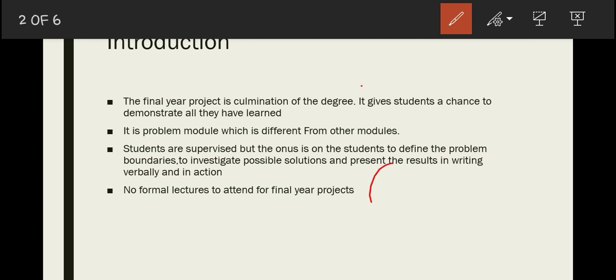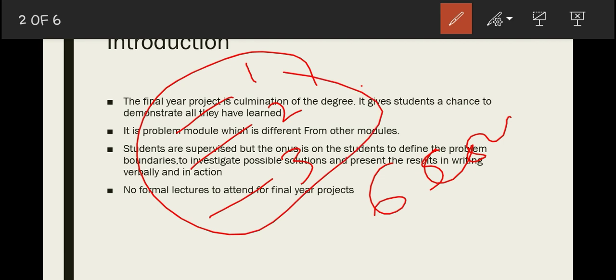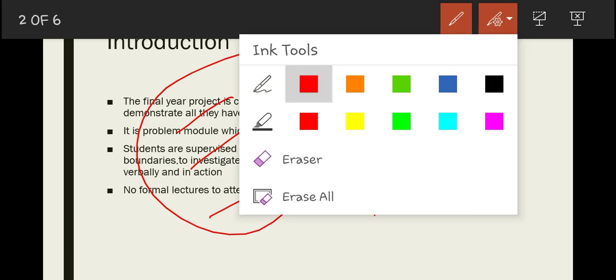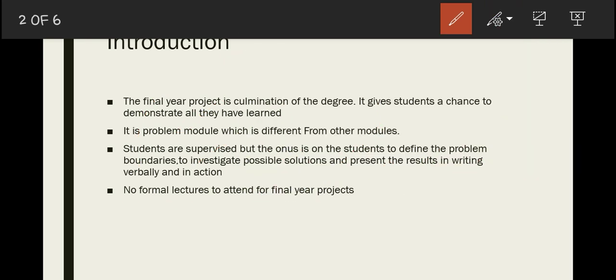In a semester, you took about 6 courses. So you have to demonstrate the combination of all those courses from the first, second and third year in this one thing that we call a final year project. So you get that chance to demonstrate all that you have learned.